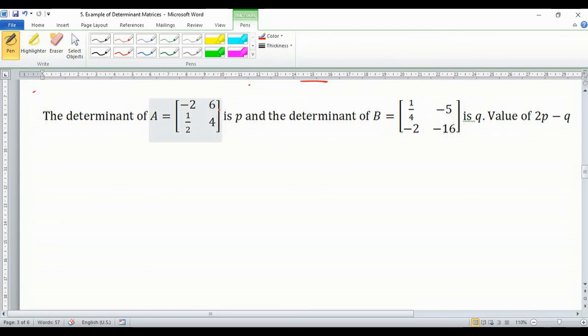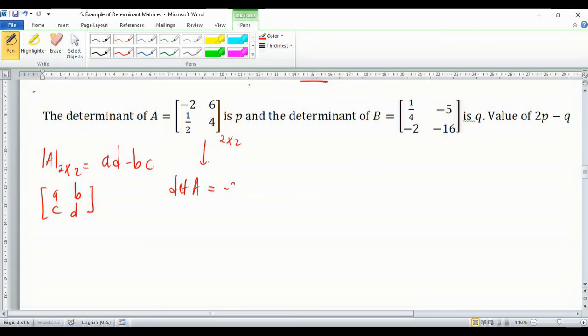Okay, because they're talking about the dimension 2 by 2, we already know that a 2 by 2 matrix has determinant AD minus BC. So we can make the determinant of A to be minus 2 times 4 minus 6 times a half.